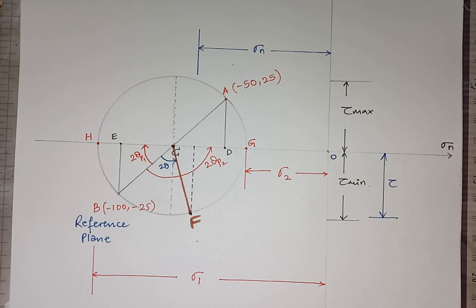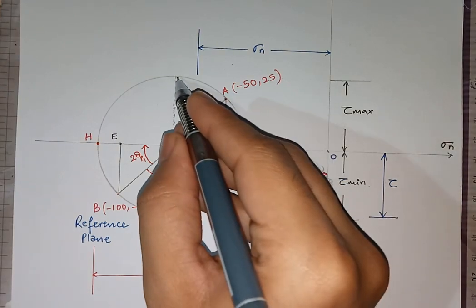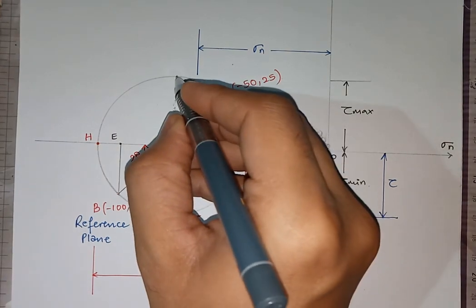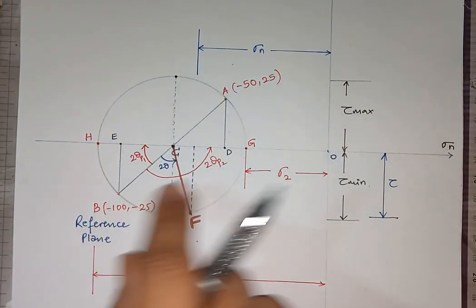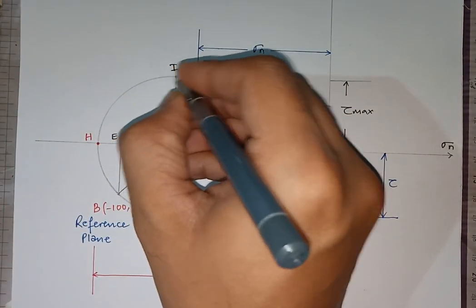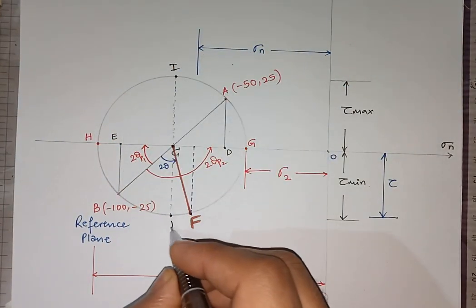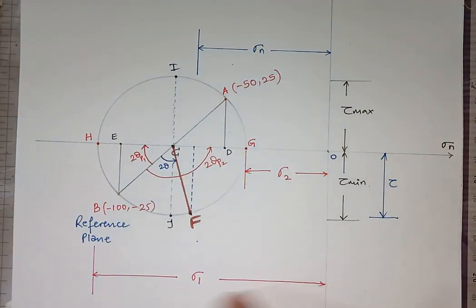After locating two principal planes, let us locate shear stress planes. So I know that this value is tau max. This value we are having GH. I'll call it as I. I'll call it as J. So these two planes are for maximum and minimum shear stresses.